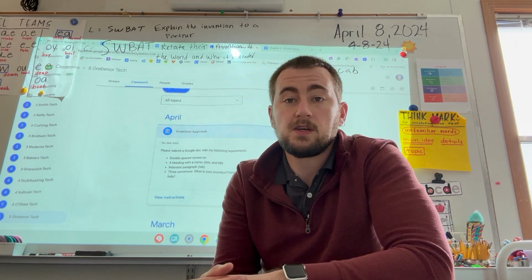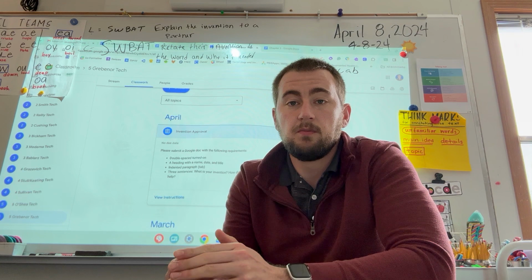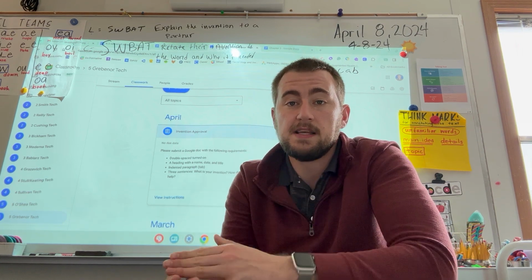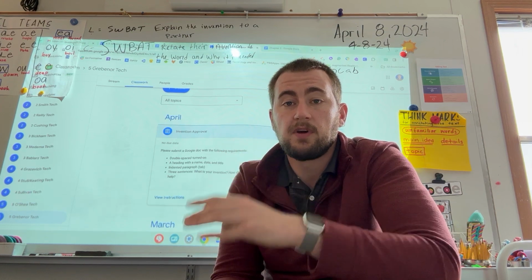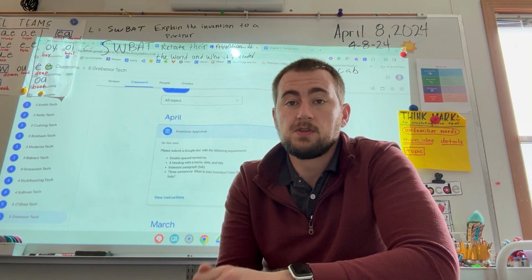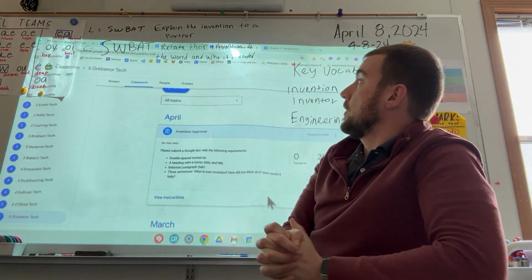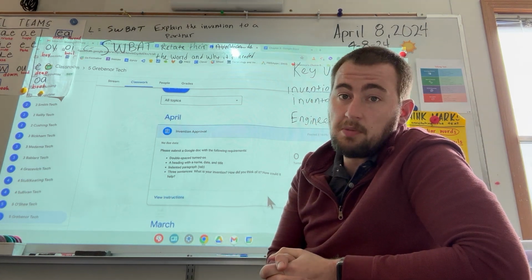While creating this SIOP model around this big question, it turned into more of a unit. I created 6 lessons, and each lesson will be one slide of a final presentation for the students. So with just this lesson number 1, it is still going with the language objective of explaining the invention to a partner.